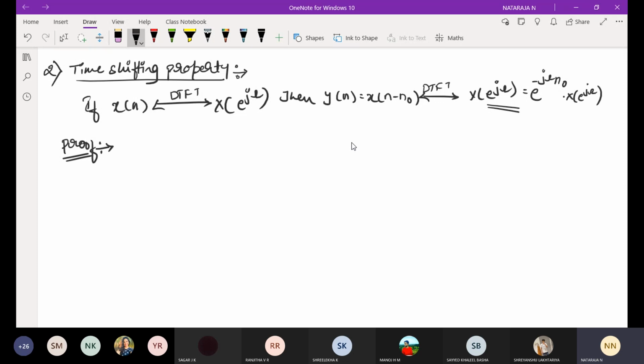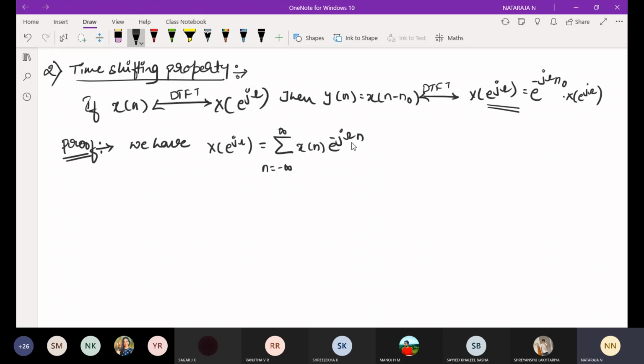Initially we have x of e power j omega equal to summation n equal to minus infinity to infinity x of n e power minus j omega n.